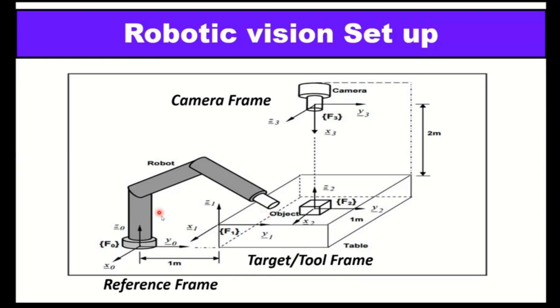Now this is part of robotics. So we have object frame, we have tool frame, and we have reference frame. Whenever the tool frame is configured exactly on the object frame, that means we say that the gripper is on the job or on the object, or the tool is on the object. So this is our target vector.